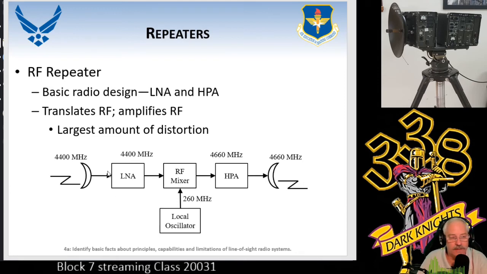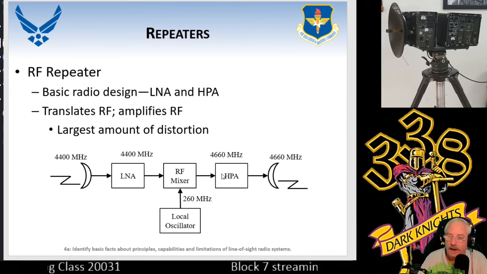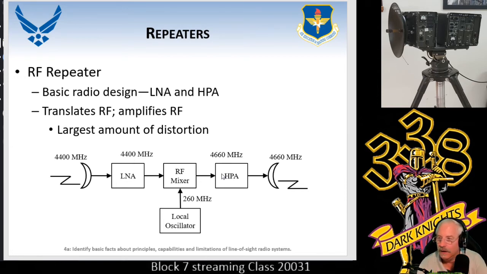When I receive it, the first thing I have to do is amplify it. And then when I get ready to retransmit a different frequency, I also have to amplify it all the way up to the operating capabilities or the wattage capabilities of the equipment, so I can get it to the destination. So that satisfies the two items that I need to qualify as a repeater: frequency translation and amplification.